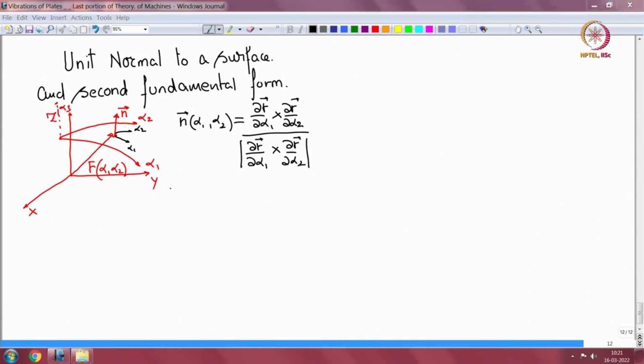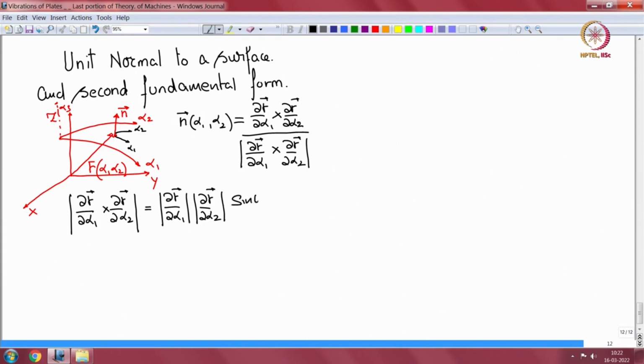So now this magnitude here, as we know, the magnitude of the cross product is the magnitude of each of these times sin theta, okay, the angle between the two.